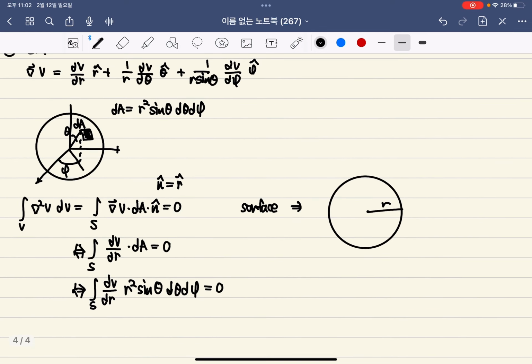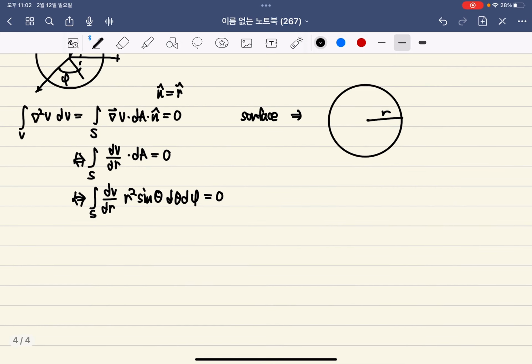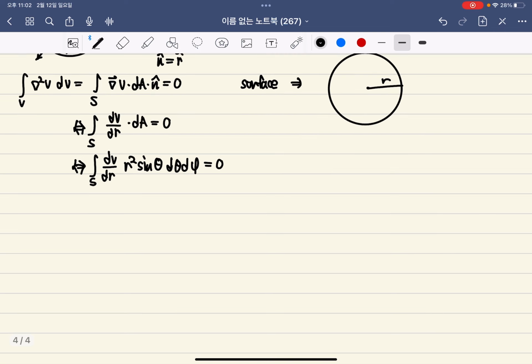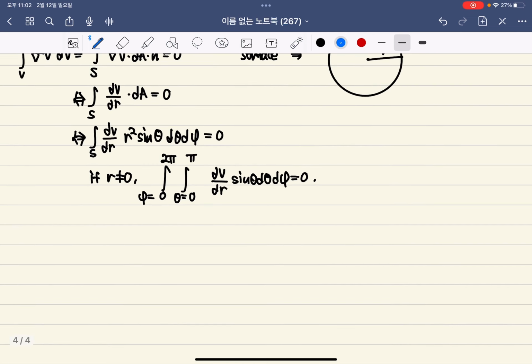Since we can choose any value of r, it doesn't matter as long as it is not 0. So if r is not 0, you can write it in this form.